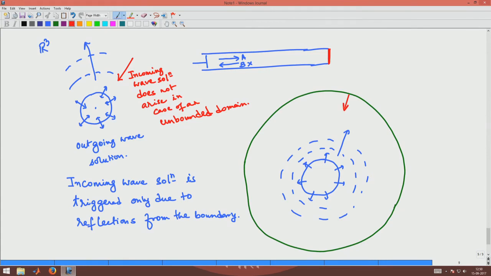That is a little counterintuitive, but that is the way it is, because the wave is getting focused into a narrower region, and therefore the amplitude has to increase.